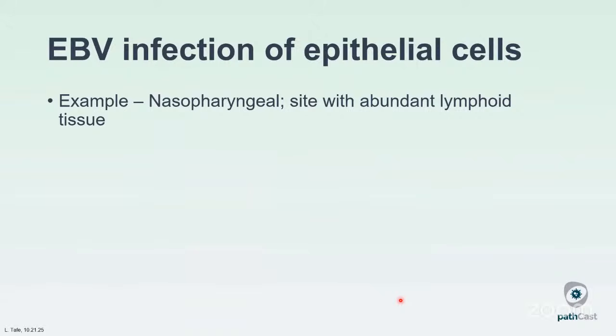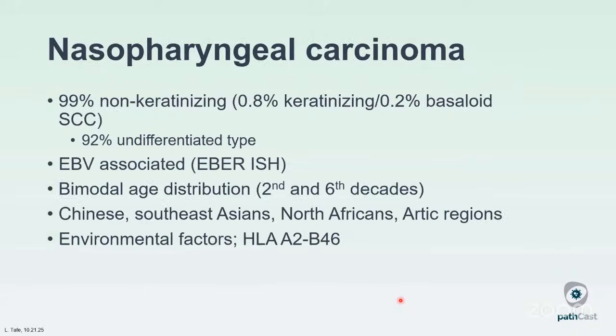When we think about epithelial cell infection by EBV and associated cancers, nasopharyngeal carcinoma probably comes to mind most readily. For nasopharyngeal carcinomas, about 99% of them are the non-keratinizing type or the lymphoepithelial type. And we do see a bimodal age distribution in patients who have nasopharyngeal carcinoma.